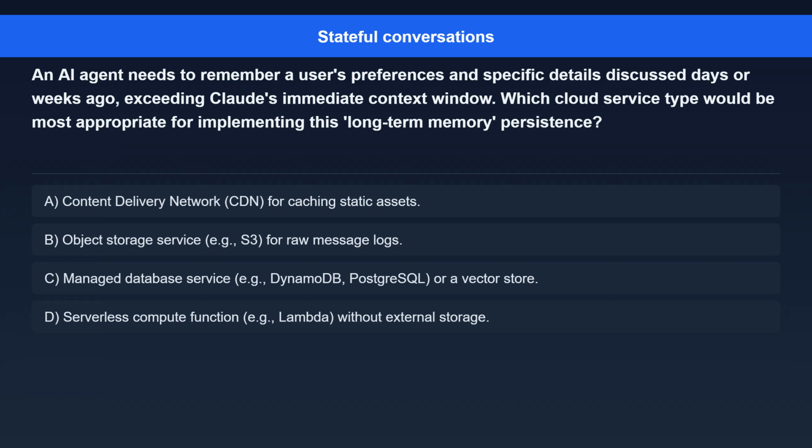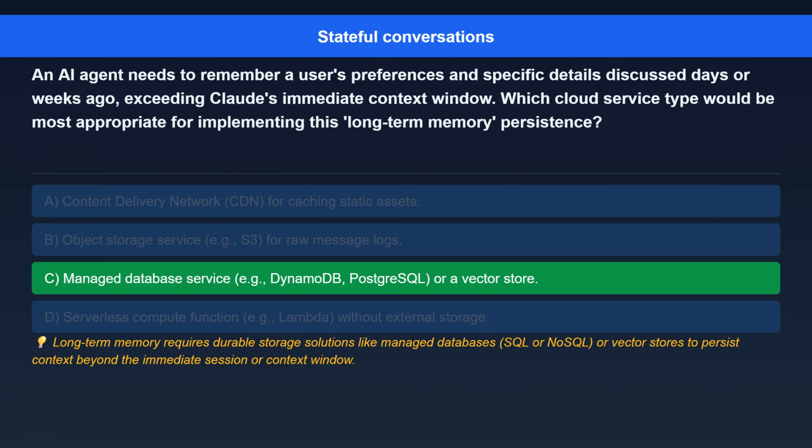Option B. Object Storage Service, e.g. S3, for raw message logs. Option C. Managed database service, e.g. DynamoDB, PostgreSQL, or a vector store. Option D. Serverless compute function, e.g. Lambda, without external storage.